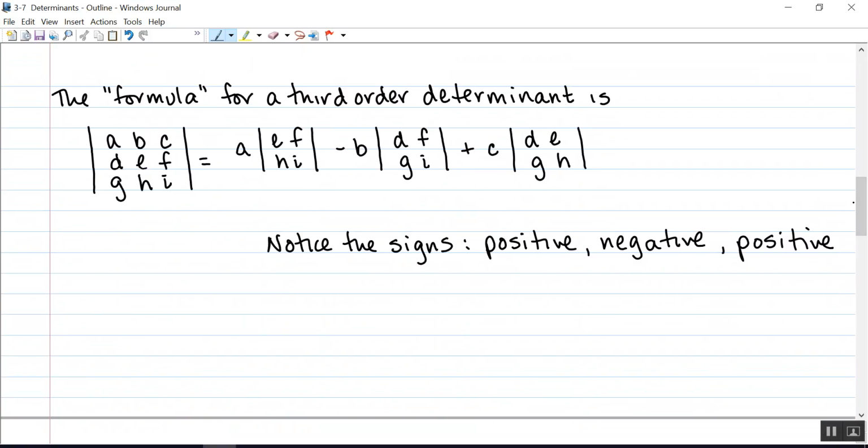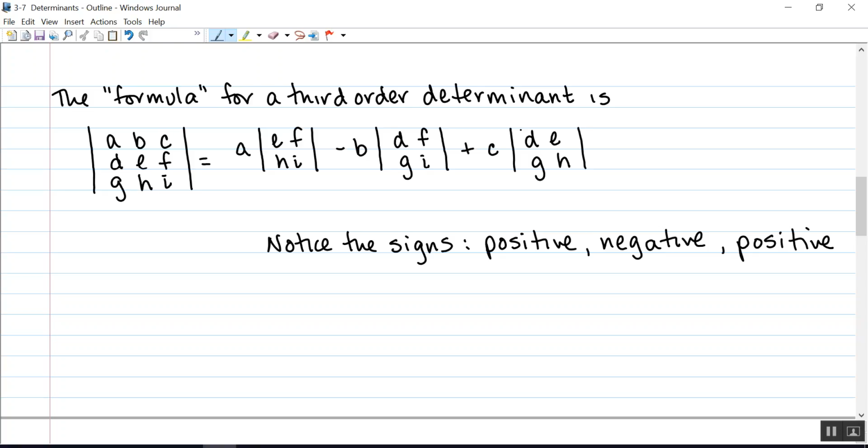So I don't know that you actually can call it a formula, but this is the way a third order determinant works. So if I have this determinant here with letters A through I, I have A, which is the first term, times this 2 by 2 second order determinant, and notice I got that by getting rid of the row A is in and the column A is in, and I'm left with E, F, H, I. So A times that determinant minus, the second one's always a minus, B times this determinant, which I got by eliminating the row that B is in and the column that B is in, and what was left was D, F, G, I. So minus B times that determinant, plus C times this determinant, which I got by eliminating the row that C is in and the column that C is in, and I'm left with D, E, G, H. So plus C times the value of this determinant.